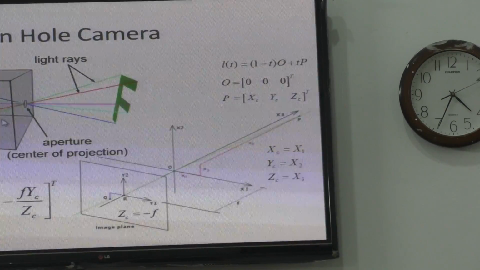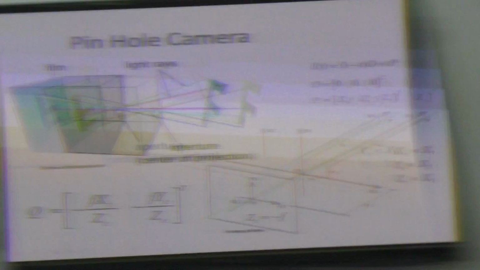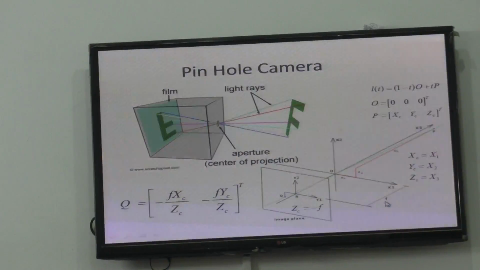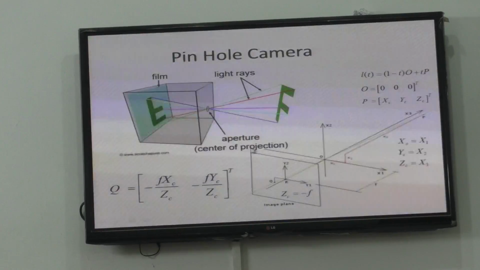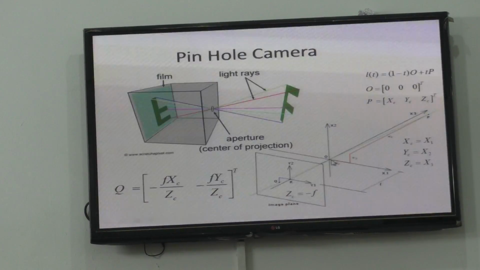The focal length of the camera, the distance between this plane and this center, is, let's say, f. Because the image plane is parallel to the camera and shifted f units away from it, the equation of the image plane is z equals minus f.